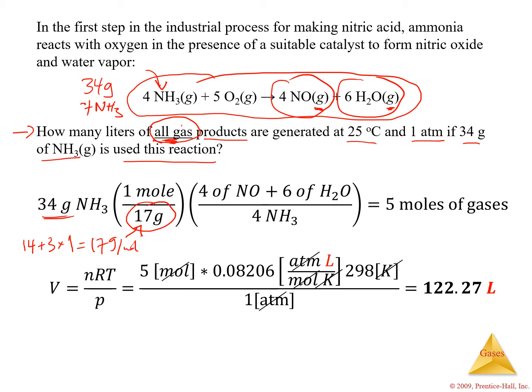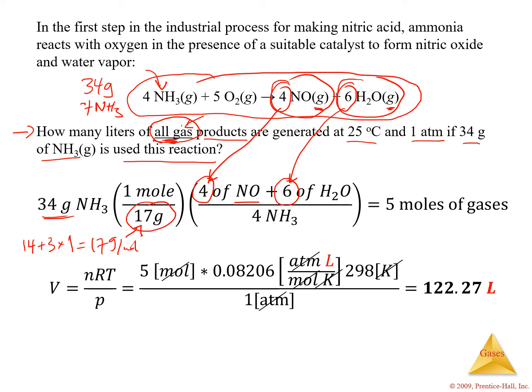And now I have to convert this to number of moles of all gases. Notice when it comes to all gases, I have 4, this stoichiometric coefficient, which corresponds to 1 of the products, and then I have 6, which corresponds to the other gas product. Because it says all gases, I have to add the two together. Remember that in terms of volume, all gases occupy the same volume per number of moles.